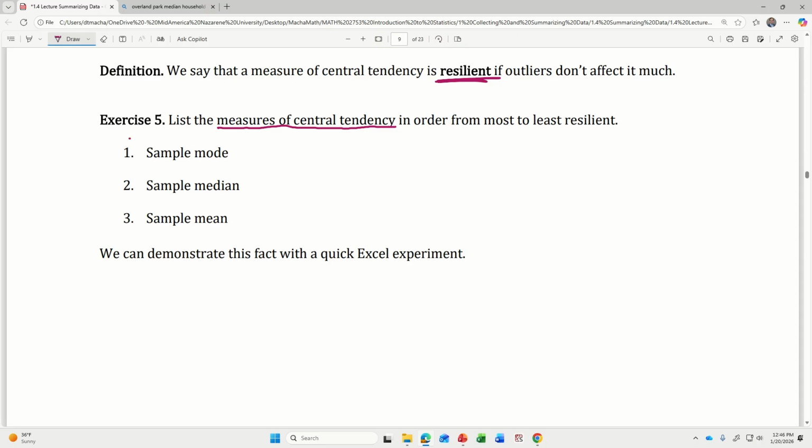Those are my measures of central tendency. And from most to least resilient, I would say that the sample mode is the most resilient, and the sample mean is the least resilient.